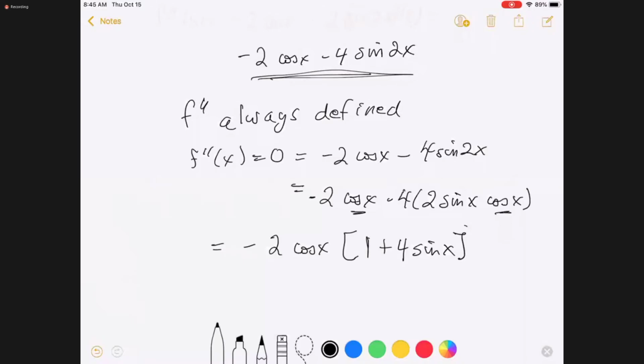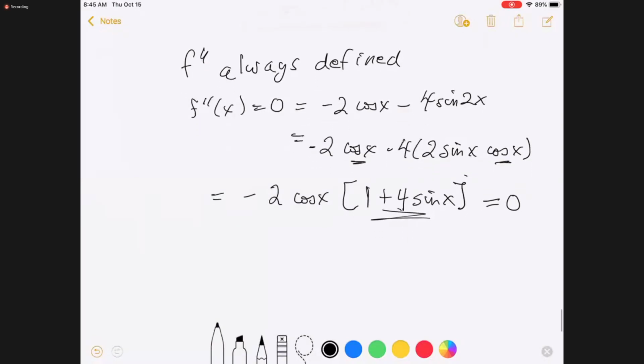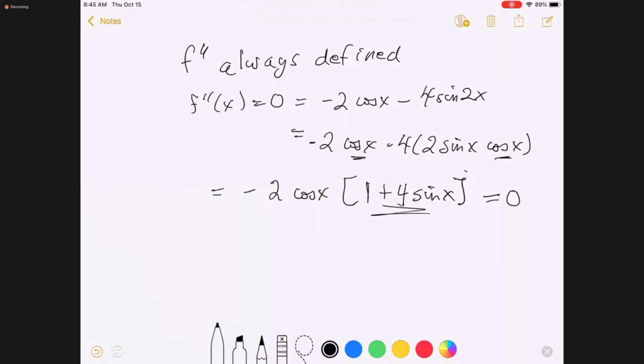All right. What does this say? That's not going to give me a special angle. Doesn't mean it doesn't have a solution. It just means it's not one I can write down exactly. So this says that minus 2 cosine of x is 0, or 1 plus 4 sine x is 0.